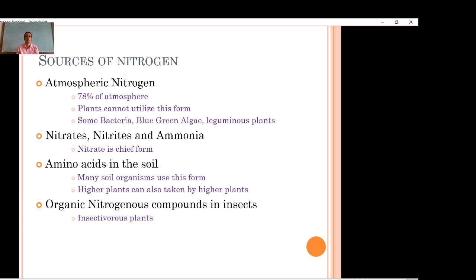This amino acid is one of the main sources of nitrogen. Many soil organisms use this form, and higher plants can also take it. Then organic nitrogen components in insects: different insectivorous plants take nitrogen from insects.